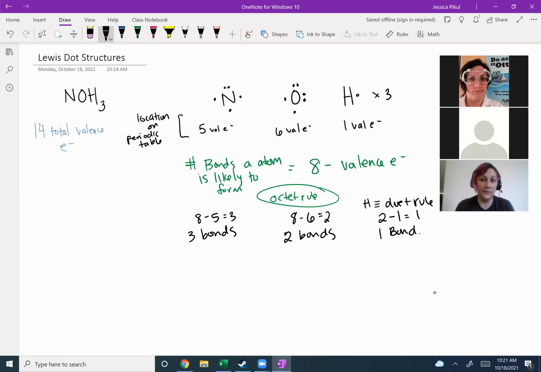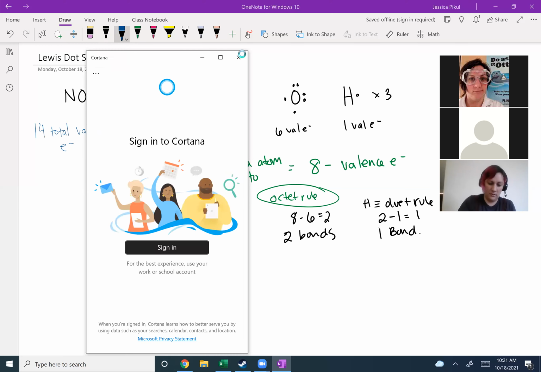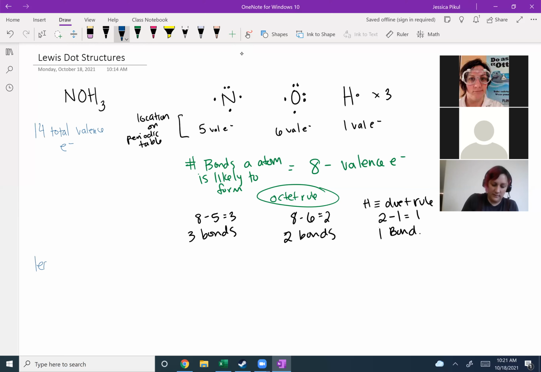So then with this information, I start crafting my 2D picture of what this molecule might look like. And there's a couple ideas about how to start. Some common advice is to put the least electronegative atom in the center, which is usually the case.